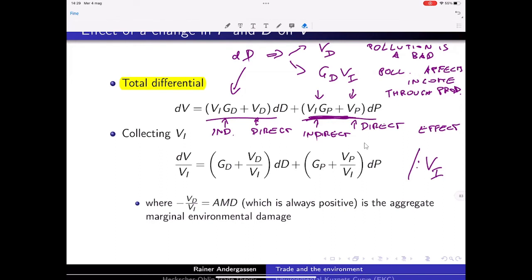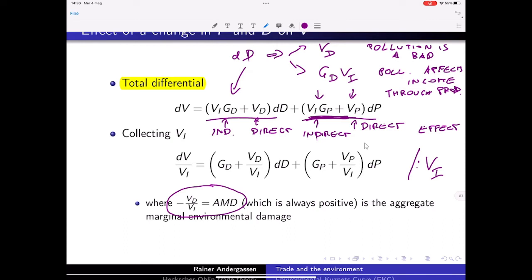Now, the first interpretation here is the following: minus VD over VI is what is called the aggregate marginal environmental damage. So if you increase pollution by 1 unit, this is how it is going to affect consumers in terms of welfare.